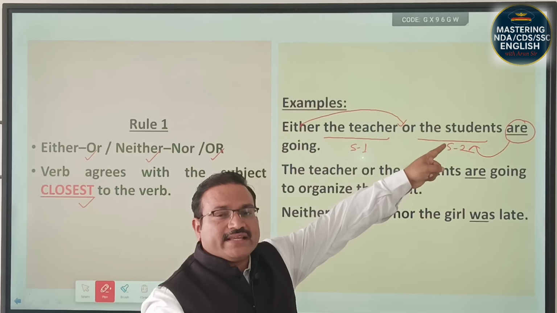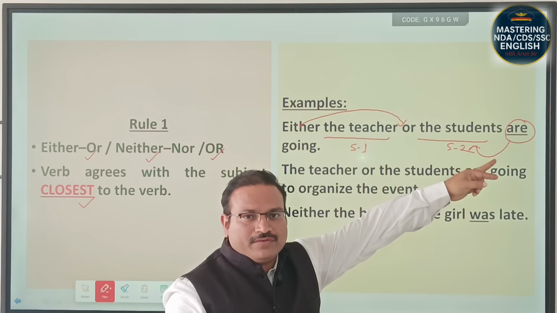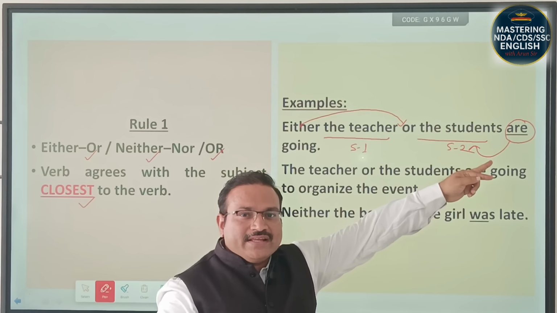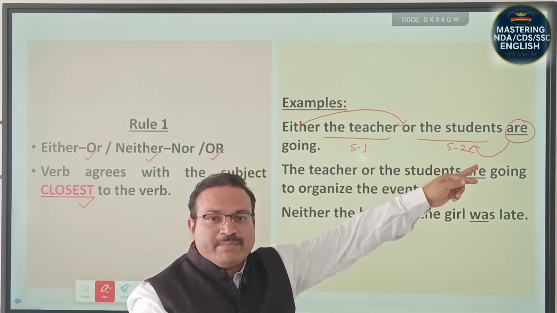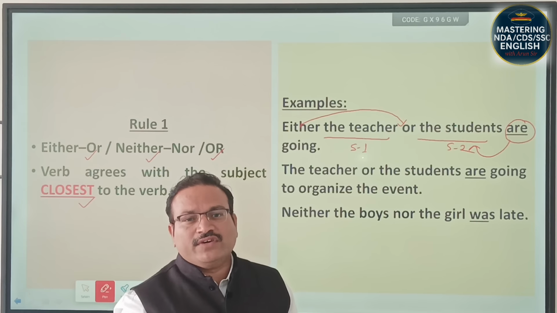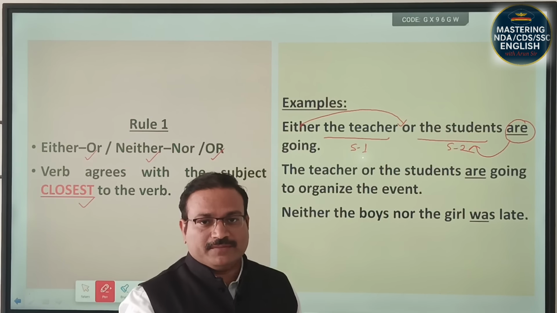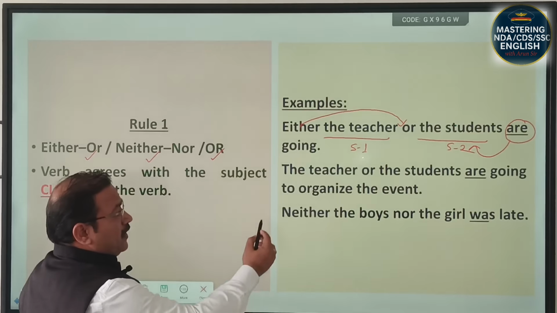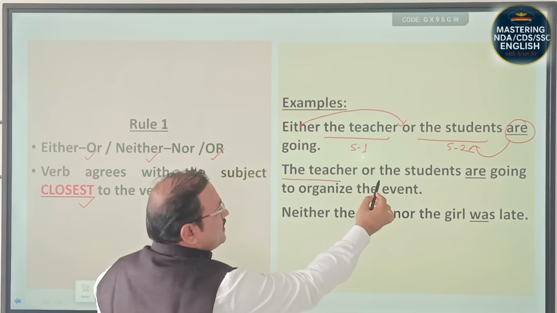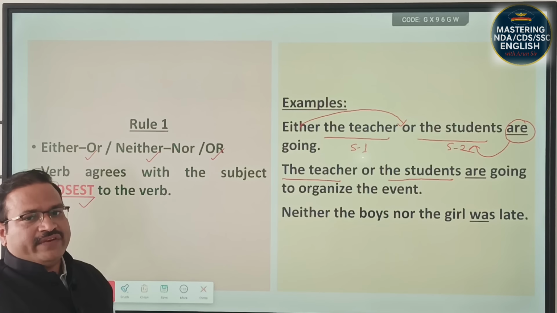So, the students is plural, so we'll take a plural verb. When I say verb agrees with the subject, it means when the subject is singular, it will take a singular verb. When the subject is plural, it will take a plural verb. The teacher or the students are going to organize the events.